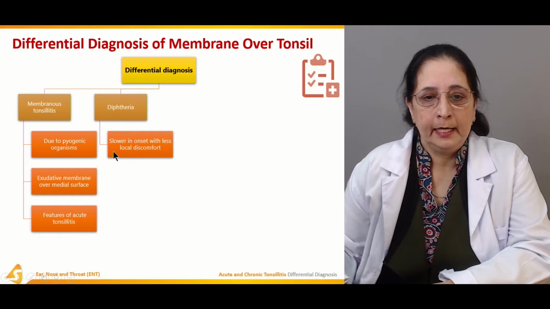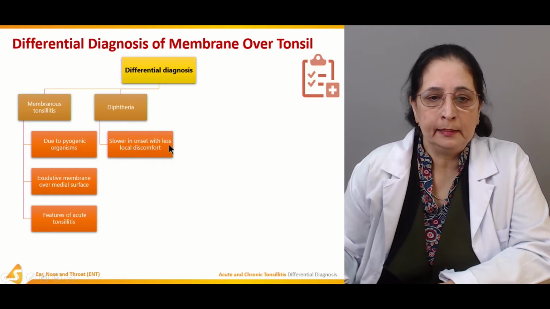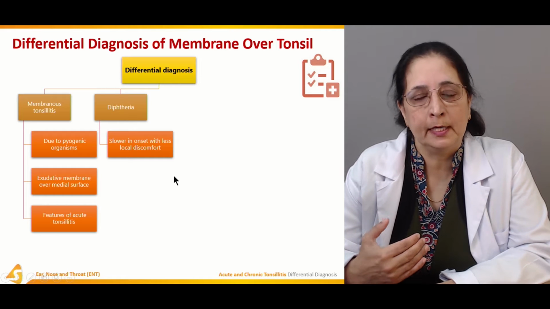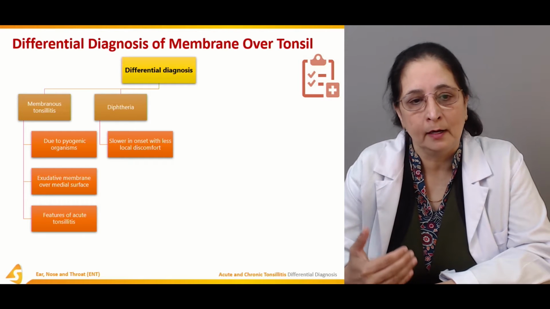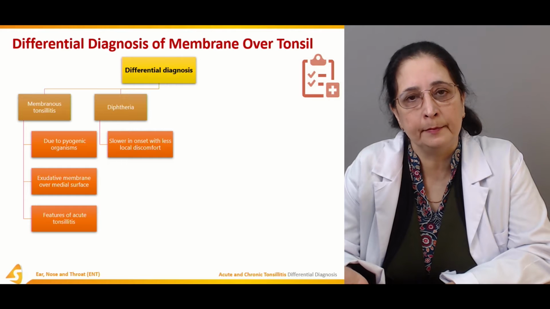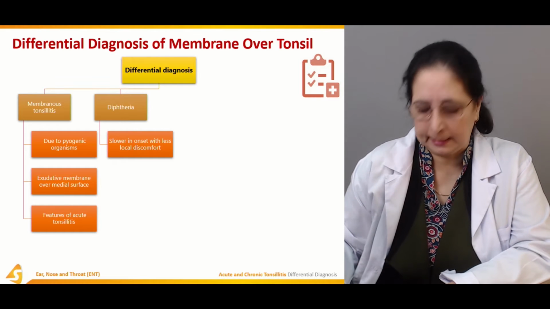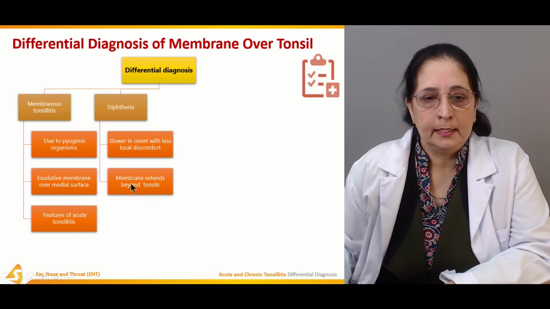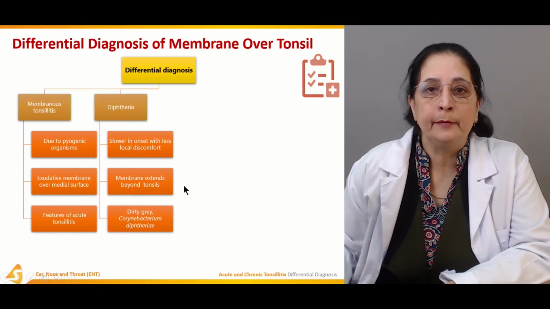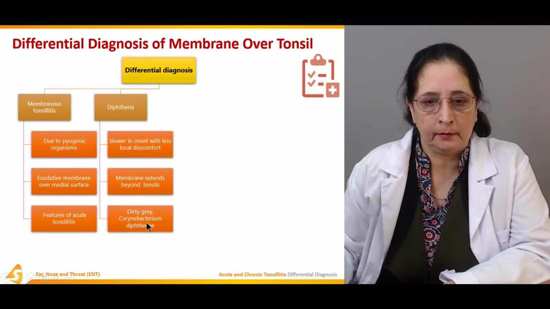Diphtheria, again slower in onset with less local discomfort. The local discomfort is not as severe as with the membranous tonsillitis or other types of acute tonsillitis. There is membrane that extends beyond the tonsils rather.